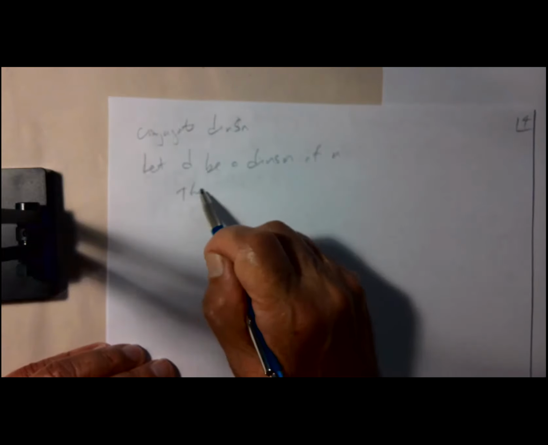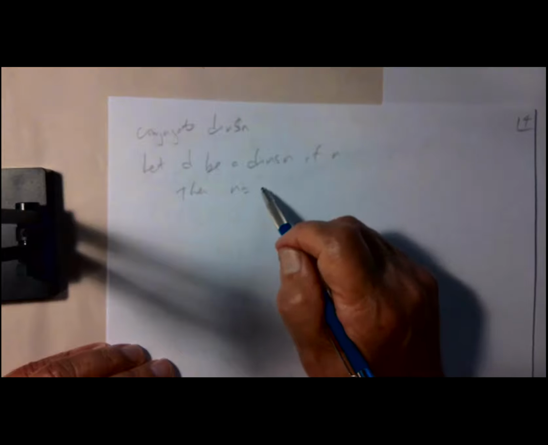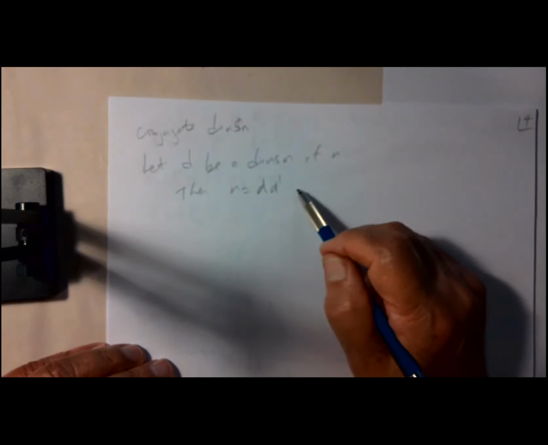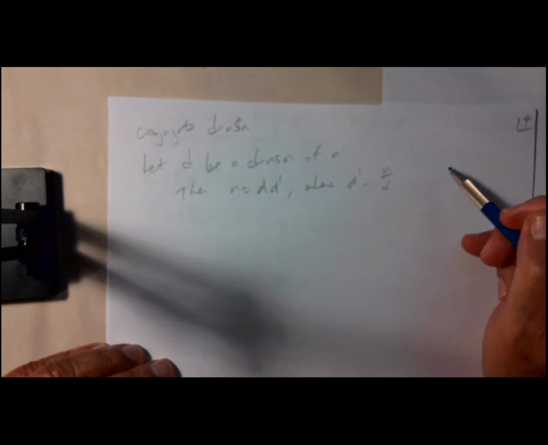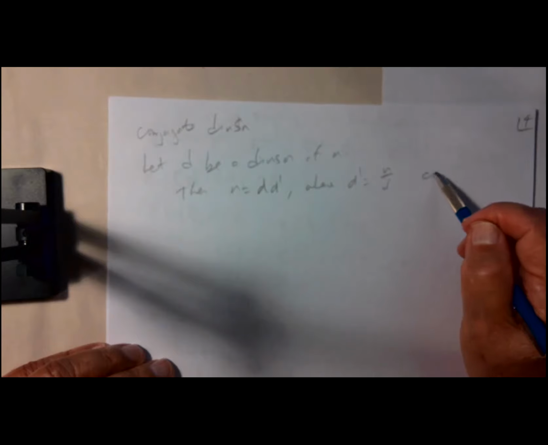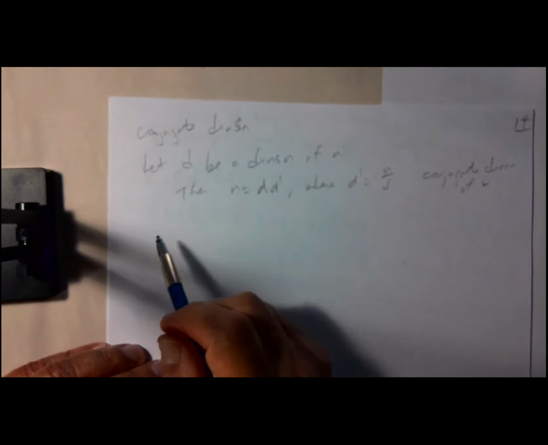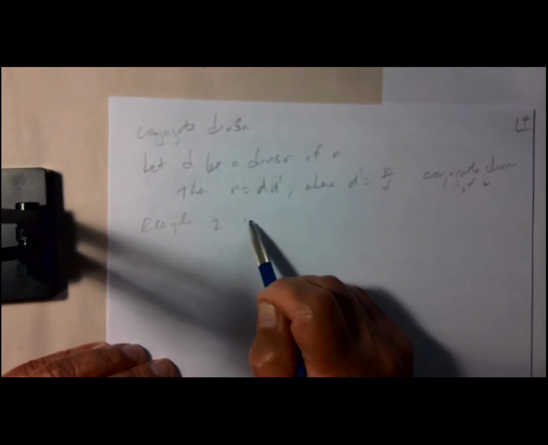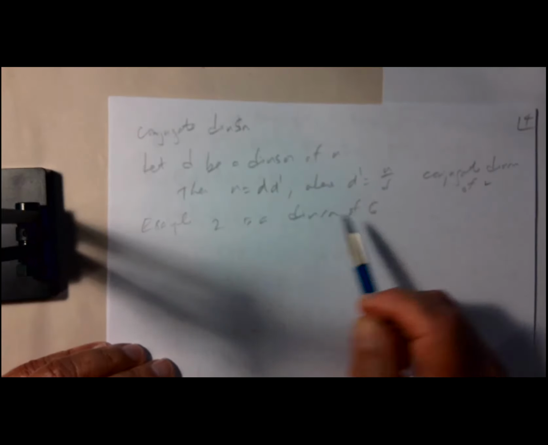That means n is equal to D times some number D prime, where D prime is n divided by D. And this is what is called the conjugate divisor of D. So for example, 2 is a divisor of 6.